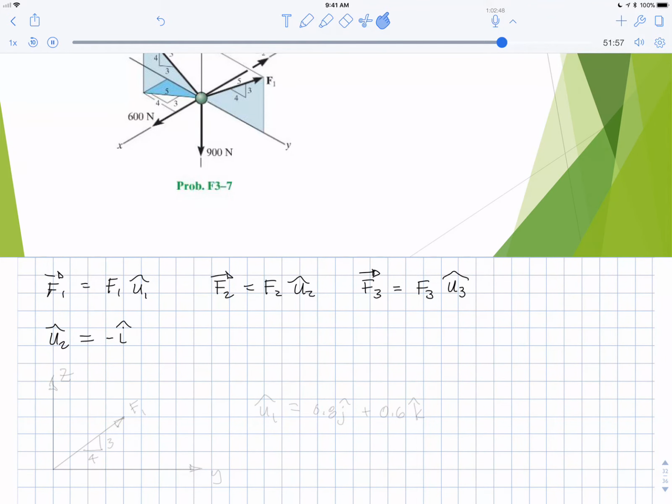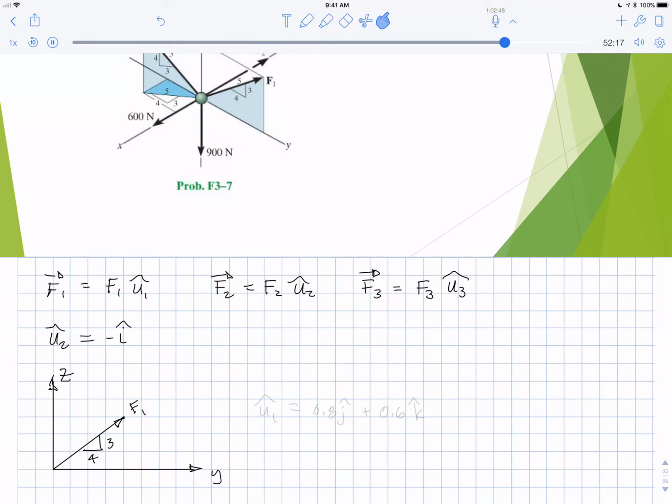So I've drawn this force from the side view, and here it is. You can see that if I make a unit vector length of 1, the z component will be 3/5 and the y component will be 4/5.